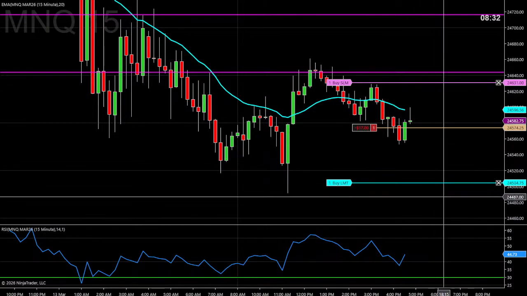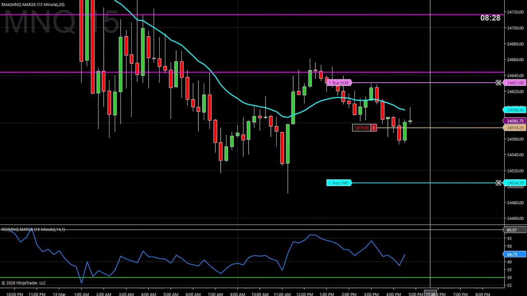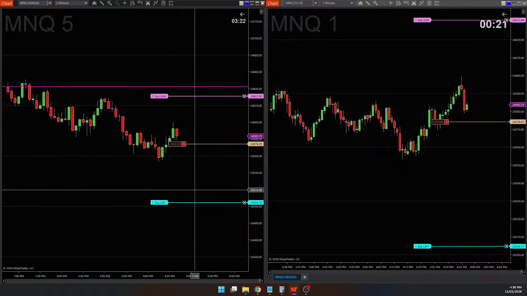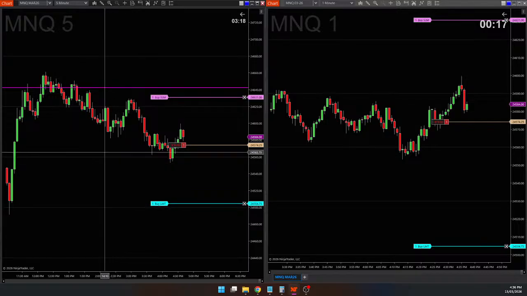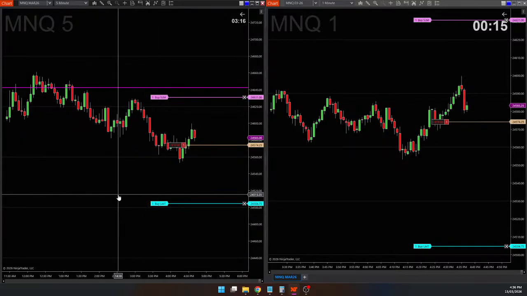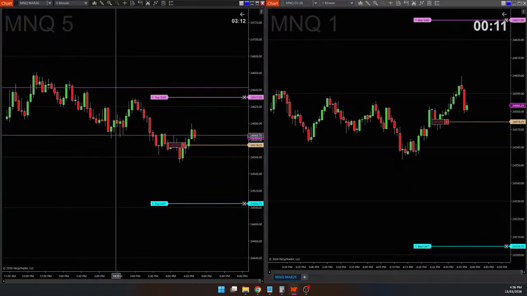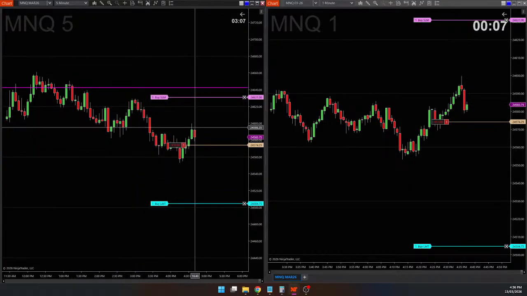So hopefully we do see some more movement to the downside. What's it look like on the lower time frames? Yeah, on the 5 minute the trend is a bit more noticeable. We've got lower high, lower low, lower high, lower low, lower high.